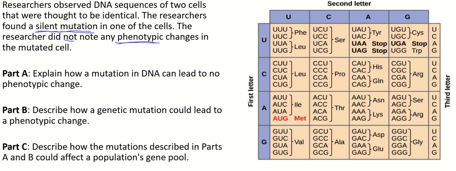Now, how is this possible? That's what part A is asking. Explain how this silent mutation can happen, yet there's no change in the phenotype. The key is the genetic code, which is here. This is the one we've used in our class, is redundant. Look, how many codons can result in the leucine amino acid?